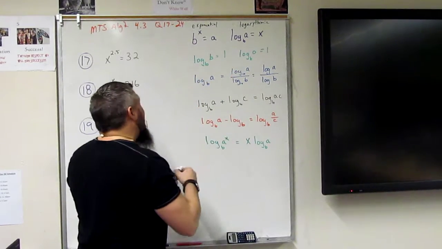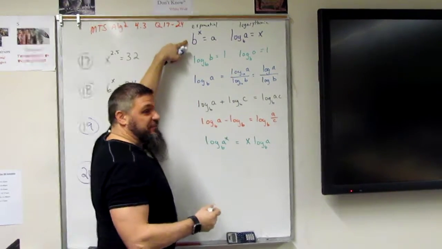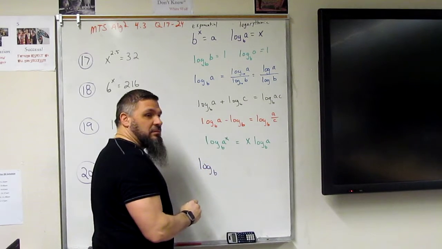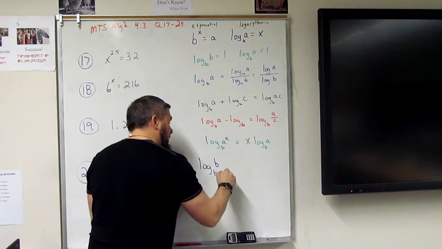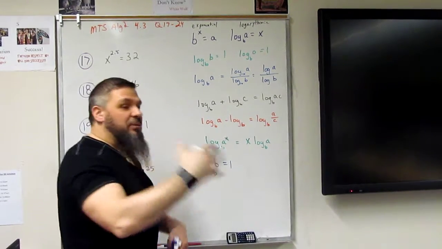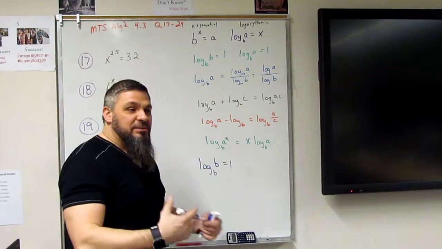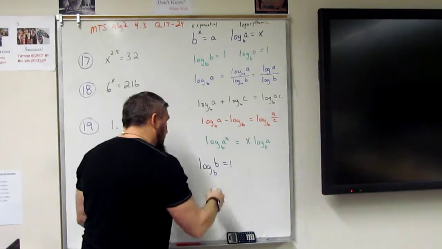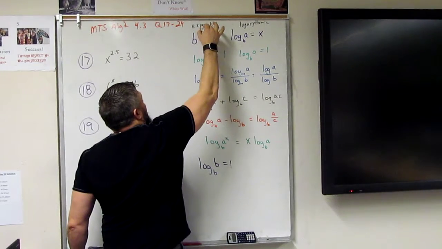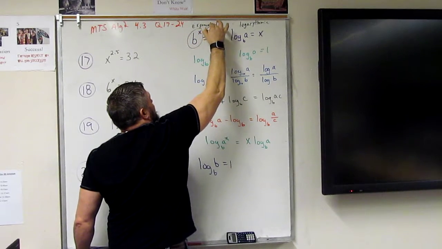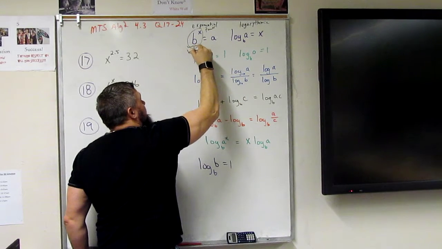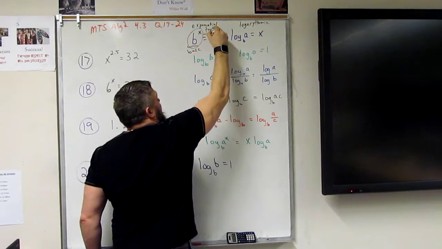Now if we take that rule and put it in exponential form, log base b of b is equal to 1, and we transfer that into the logarithmic form. Remember, a power has a base and an exponent.